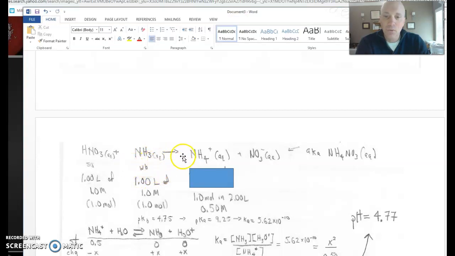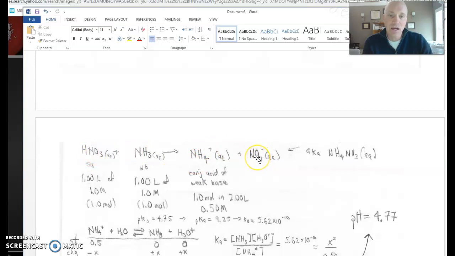So when we do this, we could label these ions as either conjugate acids or conjugate bases. Ammonium is the conjugate acid of a weak base, so we would expect it to be a weak acid. Notice nitrate right here.